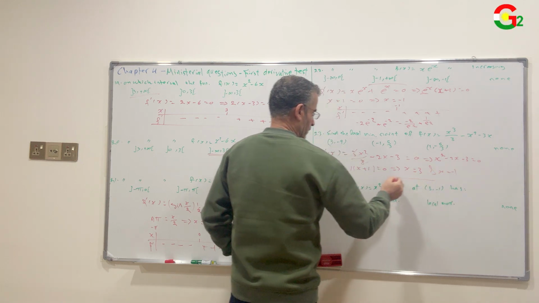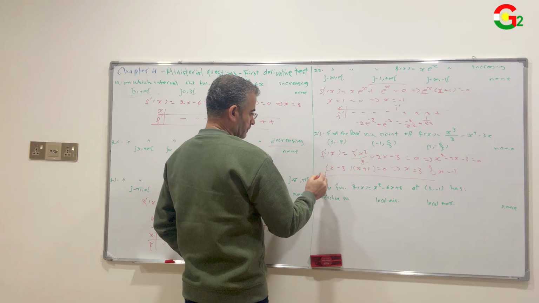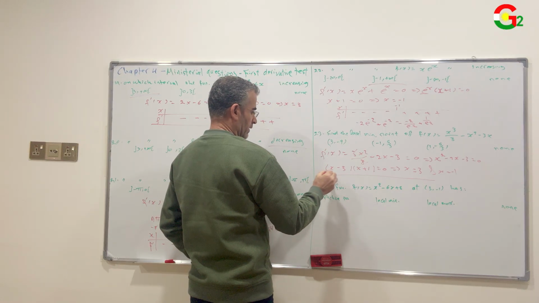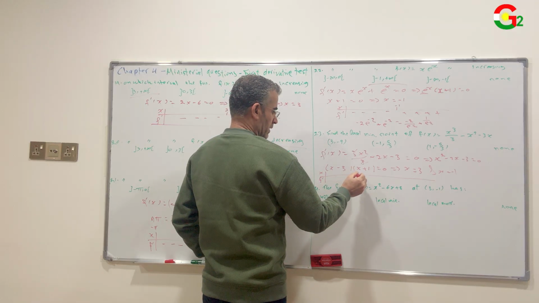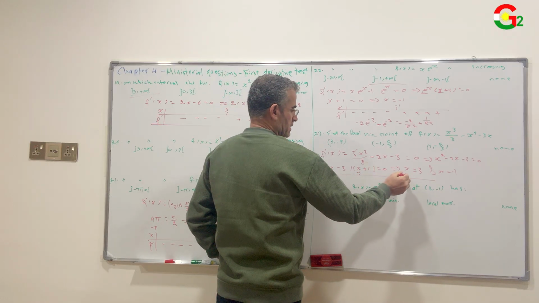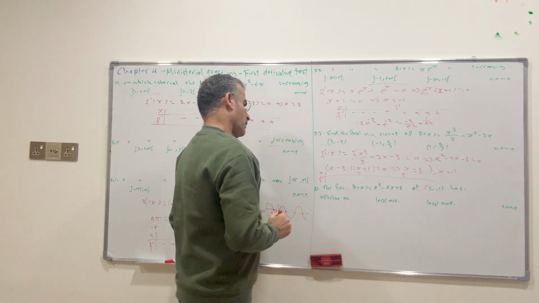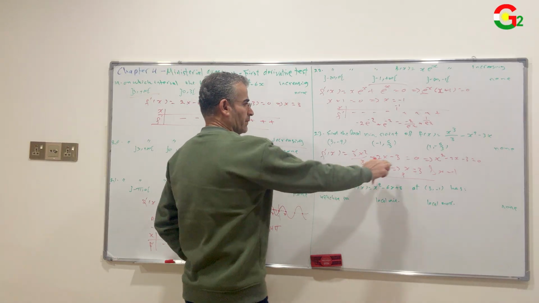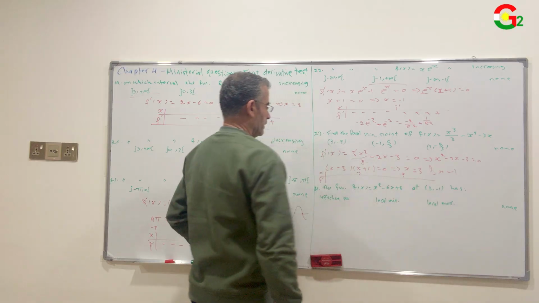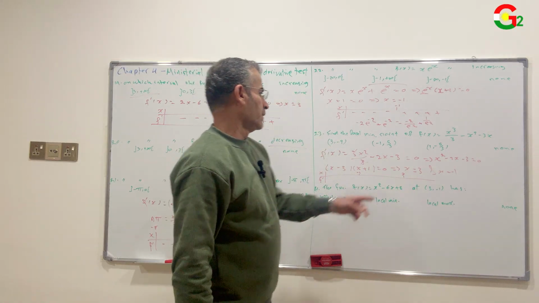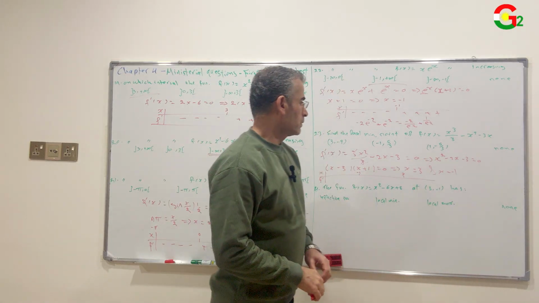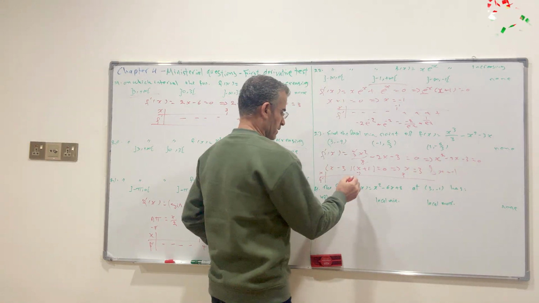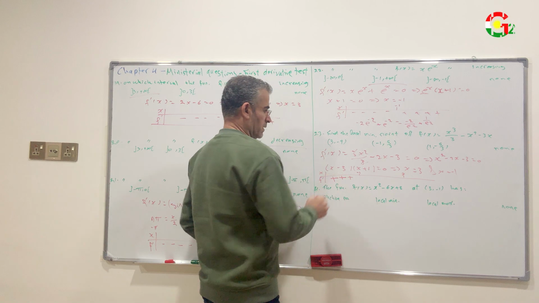We find the sign of the derivative before and after the critical points. This is -1 and this is 3. Before -1, take -2 in the derivative. -2 squared, 4, plus 4, 8, minus 3, it is a positive value.